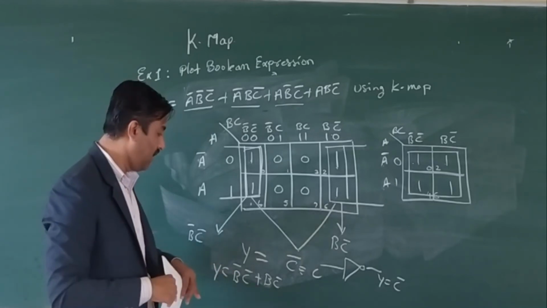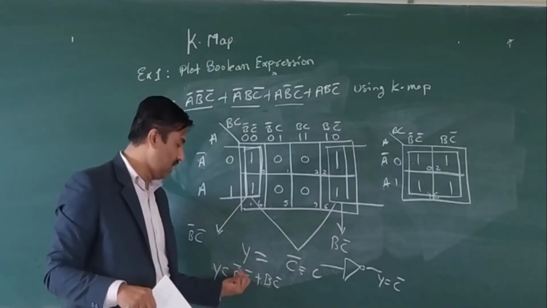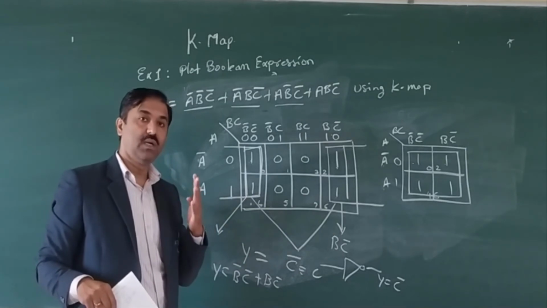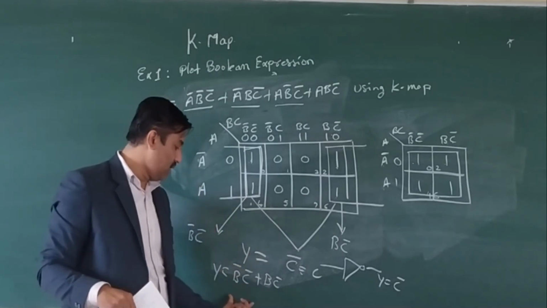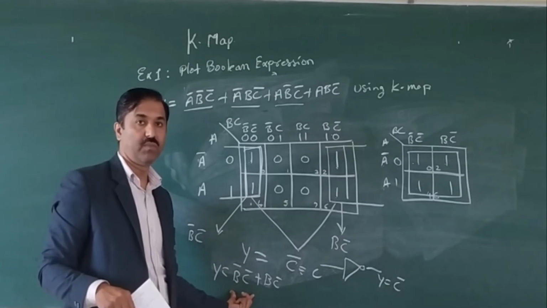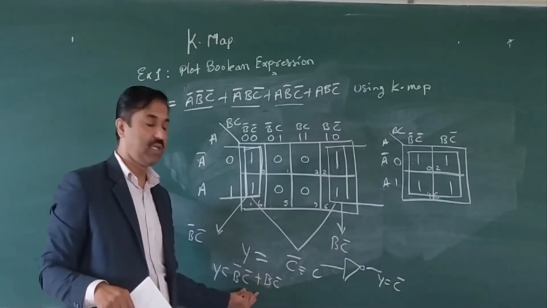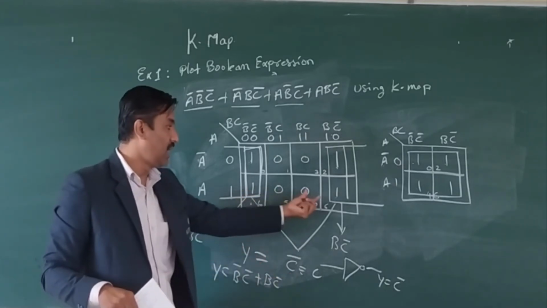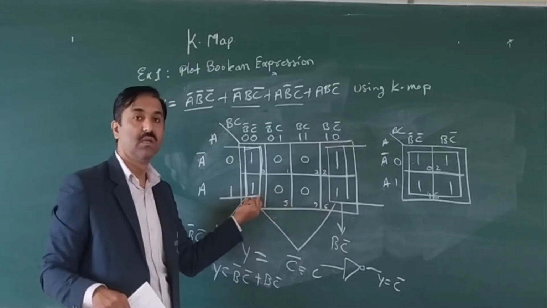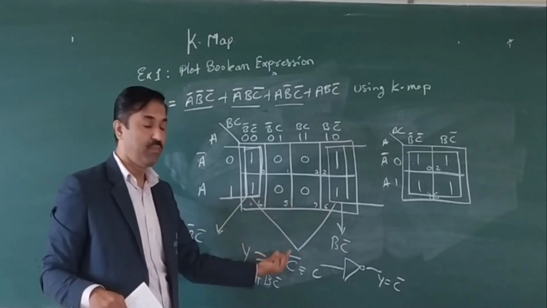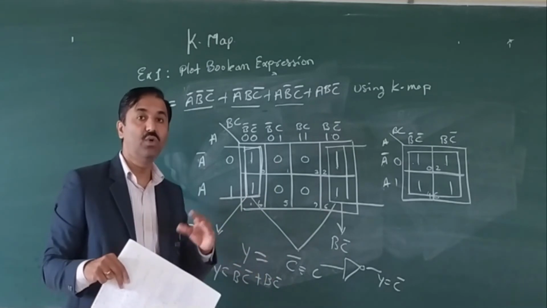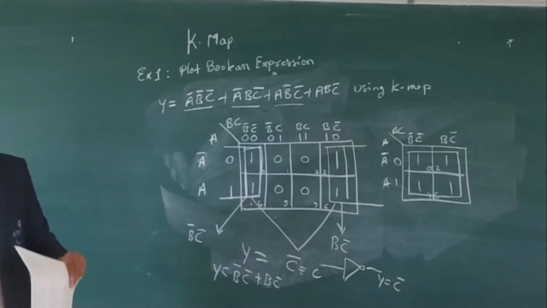So totally we require 1, 2, 3, 4 gates in order to draw this circuit. So understand the complexity involved when we are separating this grouping and finding the expression. So try to minimize the groups. That is very, very important.